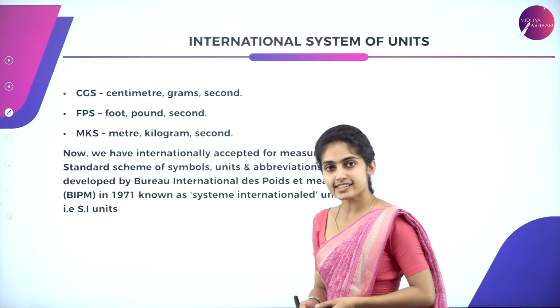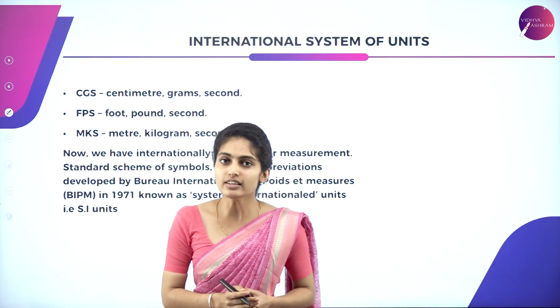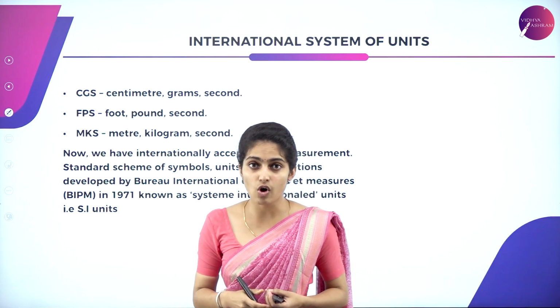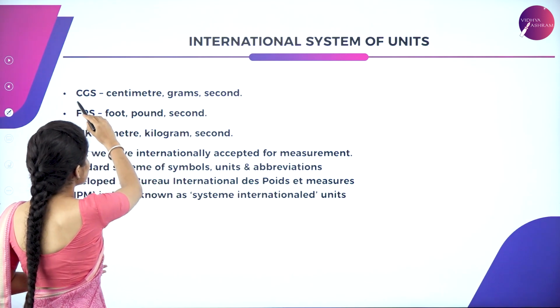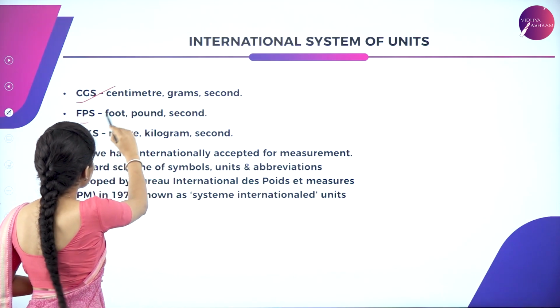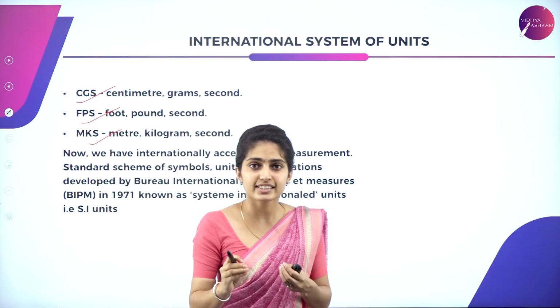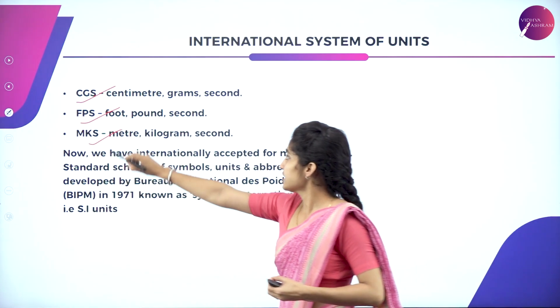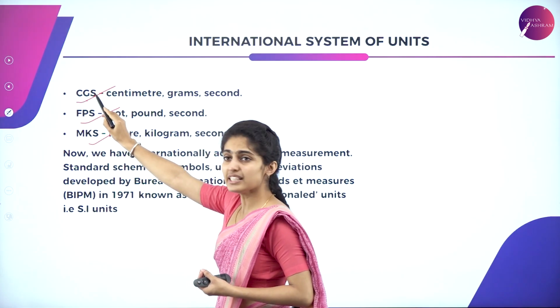Okay. So next is the international system of units. Earlier there were three different systems of units: the CGS system, FPS and MKS system. CGS stands for centimeter, gram, second.